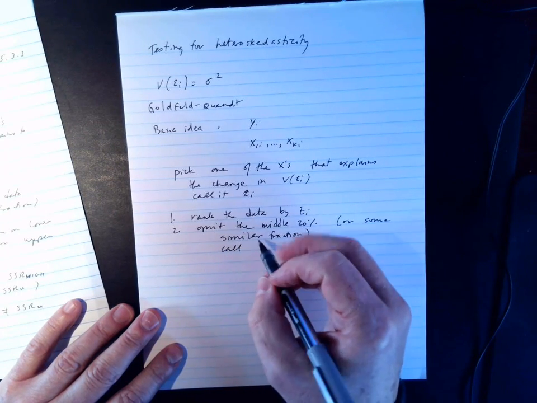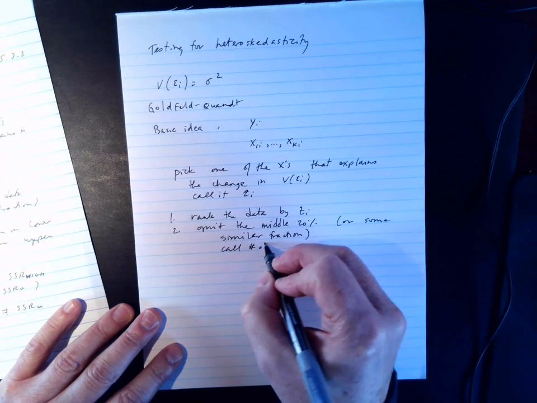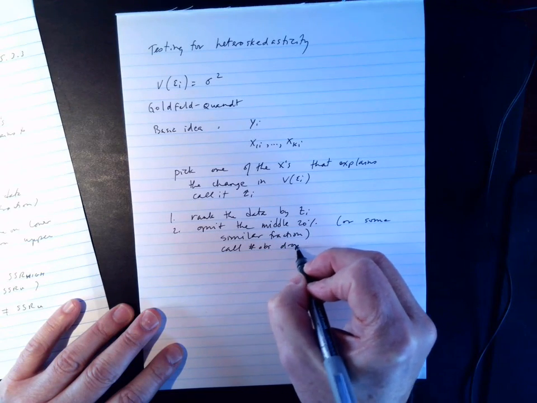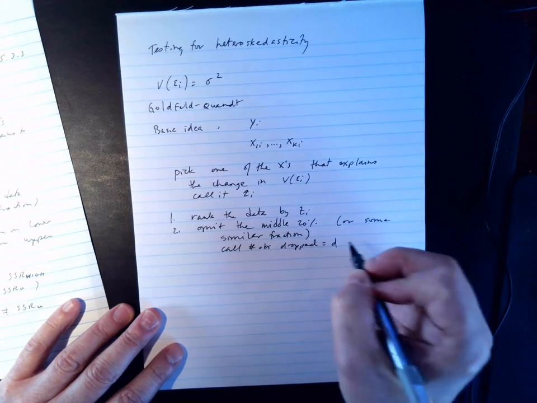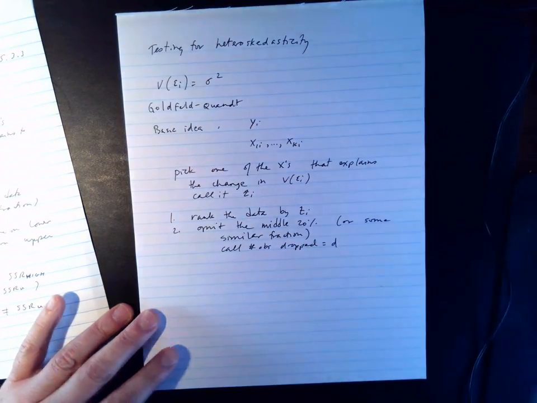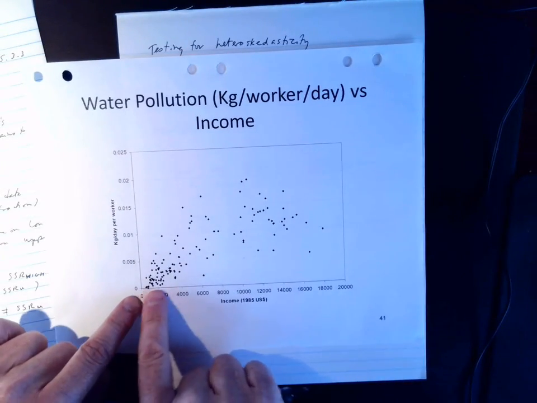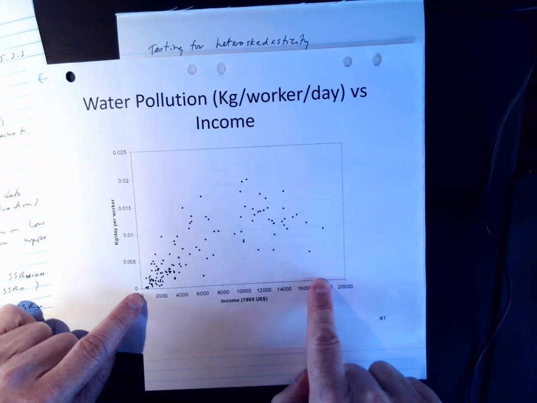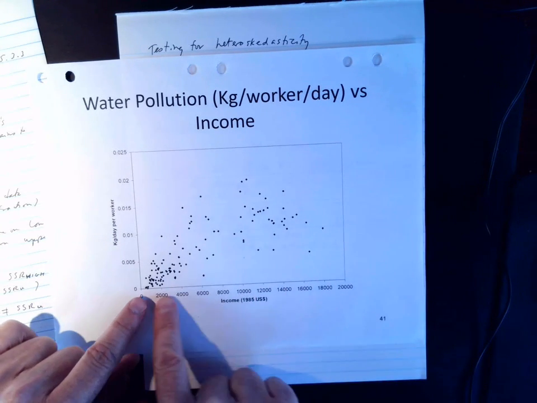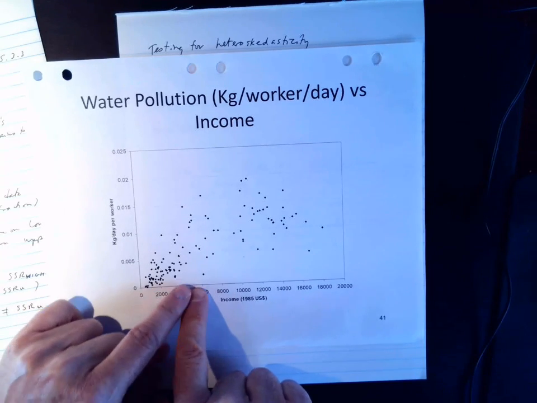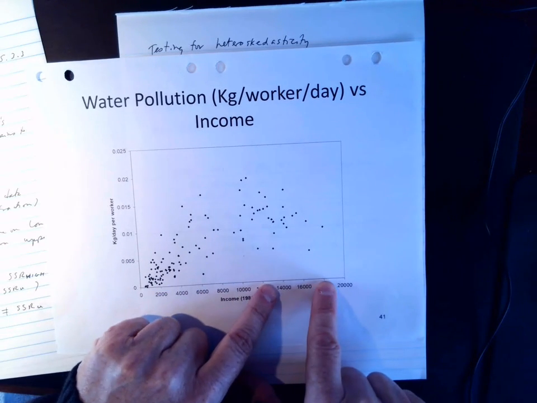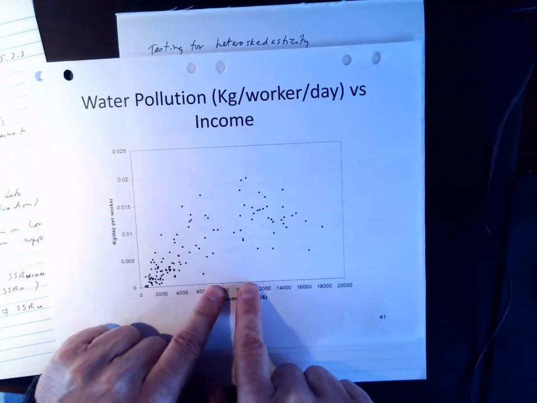We call the number of observations dropped D. Let's say it's 100 observations in this data set. We take the first 40 and the last 40, and we drop out the middle 20.